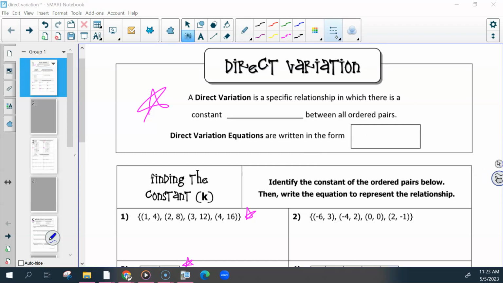Right? A direct variation is a specific relationship in which there's a constant ratio, and that ratio is y over x between all ordered pairs. The direct variation equation is written in the form y equals kx.